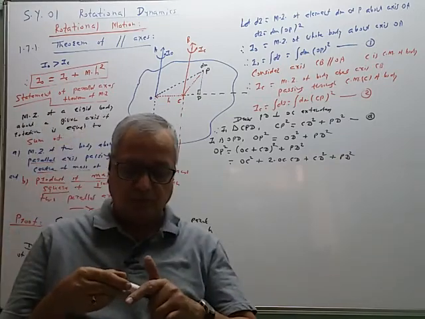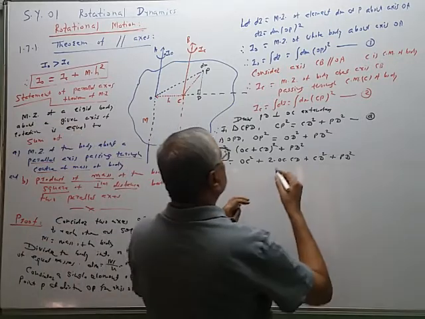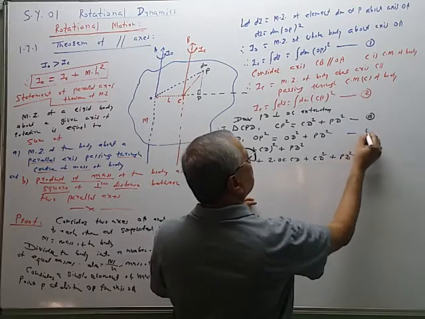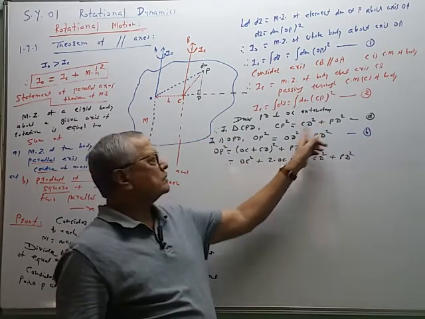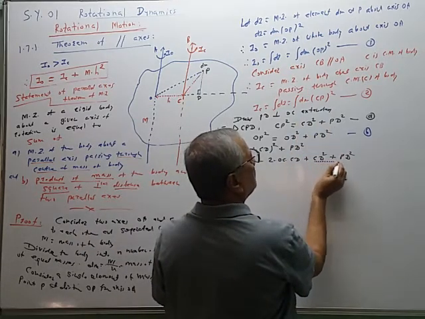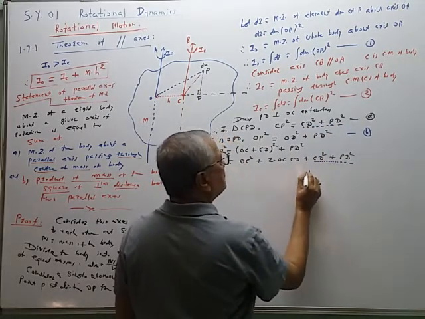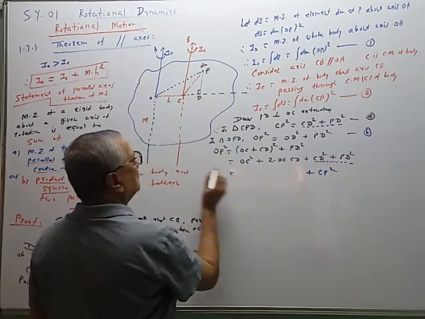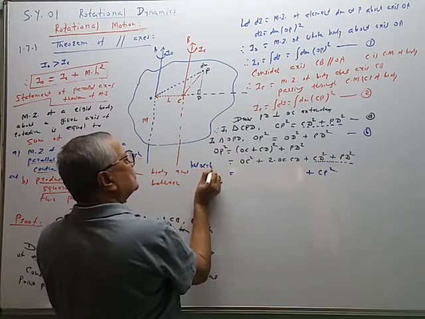So this is equation B. Now in this equation, CD square plus PD square is equal to CP square. So this is CP square, but OC is equal to h.